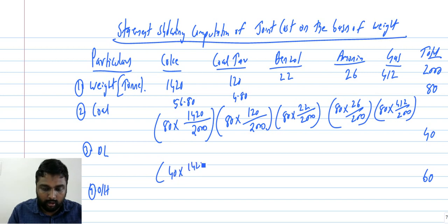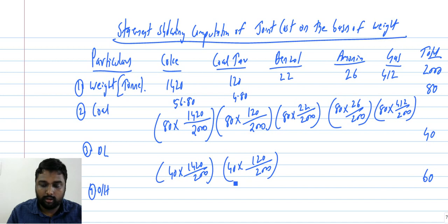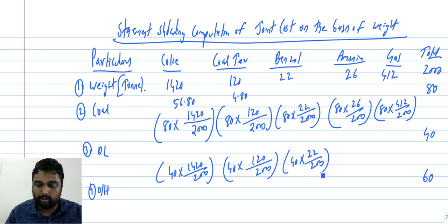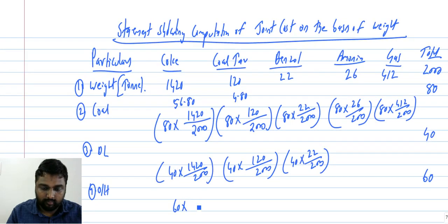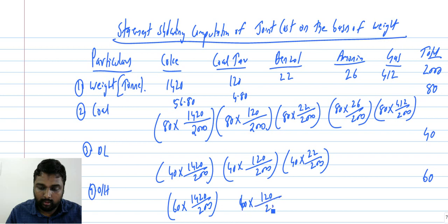How will it come here? 40 into 1420 divided by 2000. 40 into 120 by 2000. 40 into 22 by 2000. Here 60 into 1420 by 2000. Not 40, 60 into 120 by 2000.